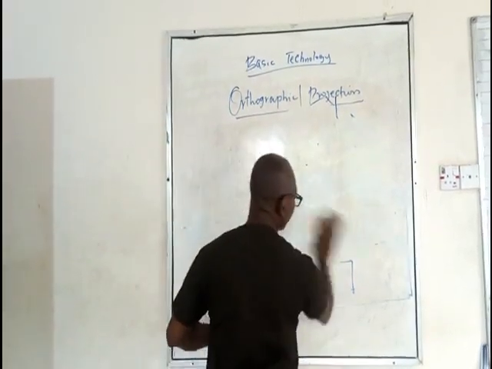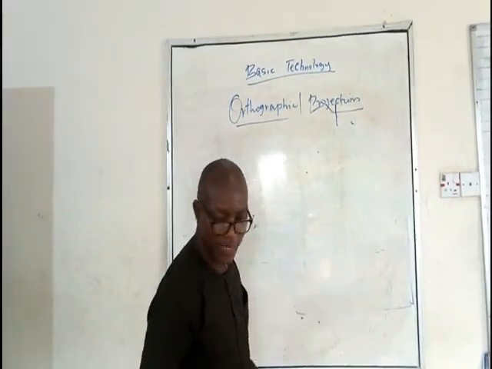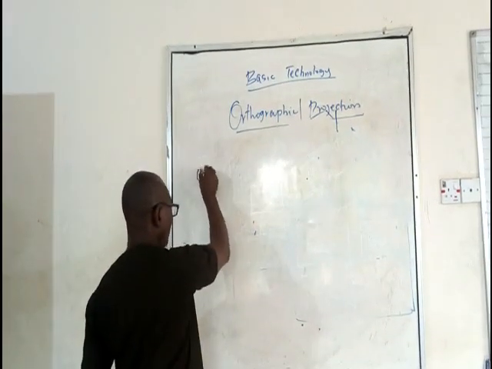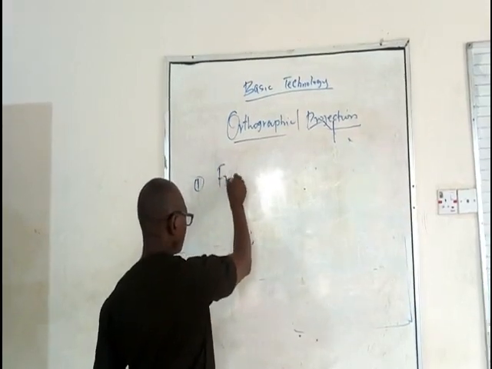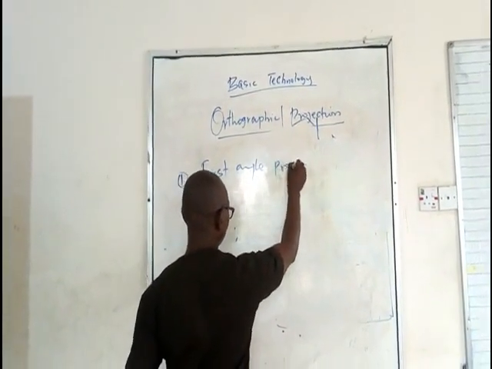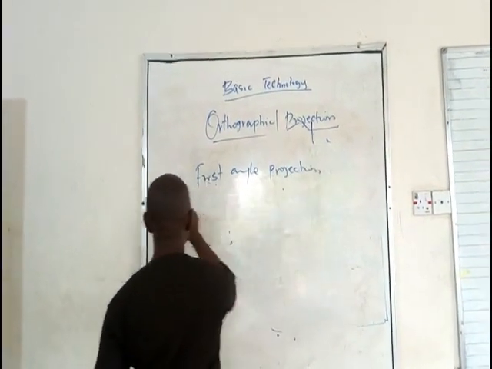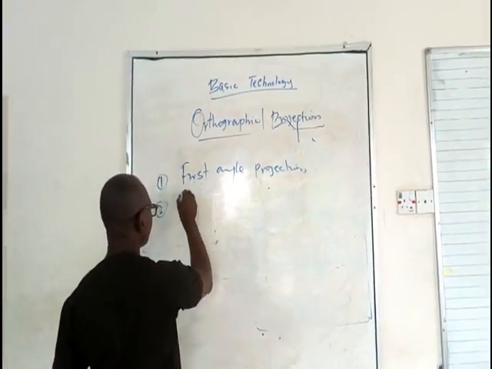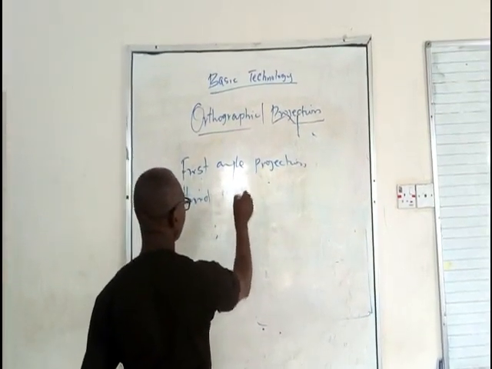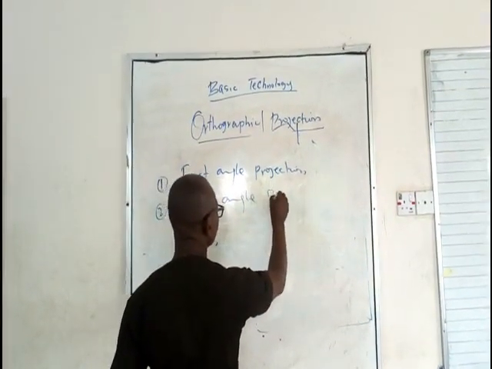The first angle projection. Remember I said we have two angles of projection. Number one, we have the first angle projection, and then the second one we have is the third angle projection.